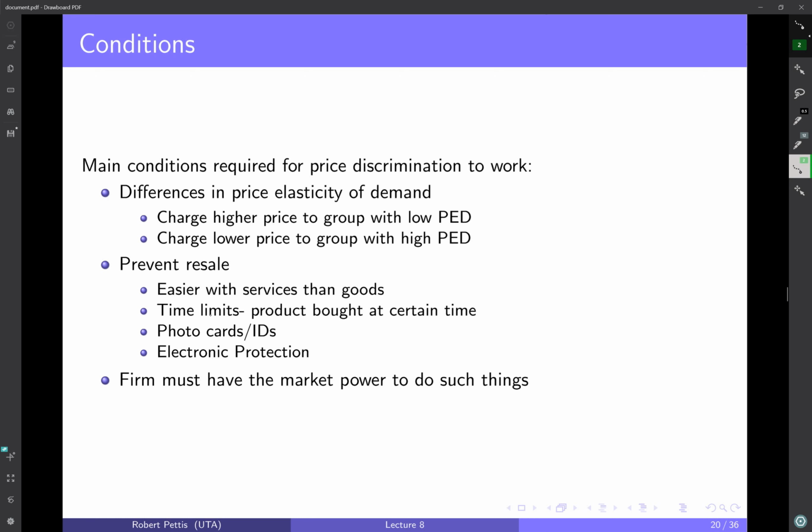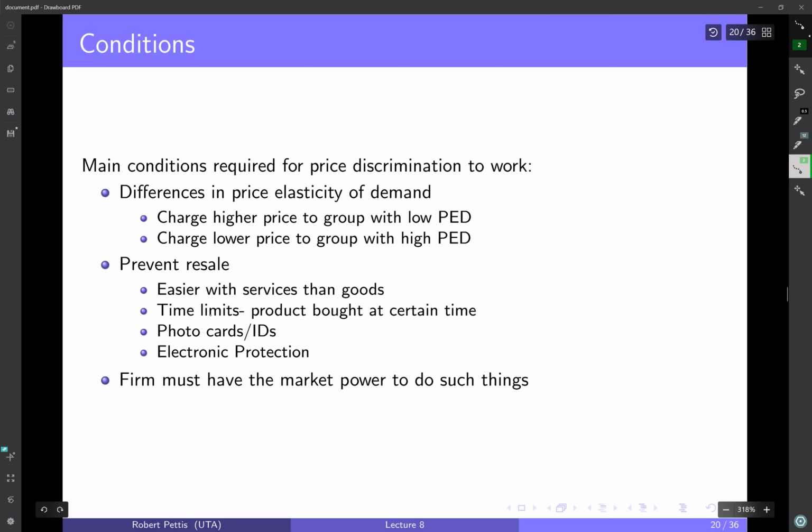So you also should be able to prevent resale. That would be a problem if you could resell the good. How do people do that? Well, services is pretty easy. It's hard to resell someone's work they did on your lawn that week. You could have a time limit, so you could say, well, this is only good if the product's bought at a certain time.